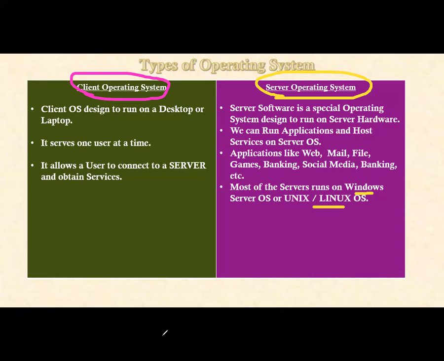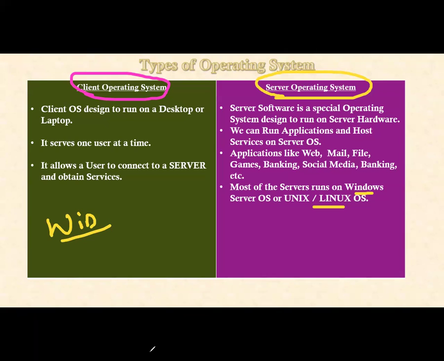But friends, whenever we talk about the client operating system, we simply talk about Windows clients like Windows 8, Windows 7, Windows 10, or Windows 11. The latest one is Windows 11. Across the globe, on any computer or laptop, in at least 90 to 95% of cases, we will see a Windows client, Windows 10 or Windows 11.